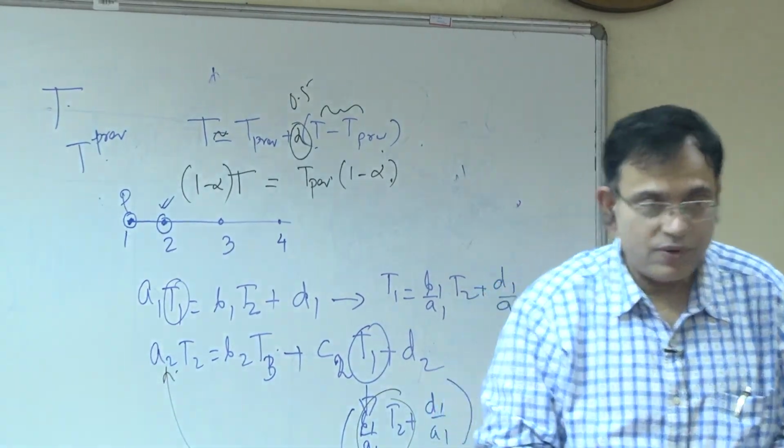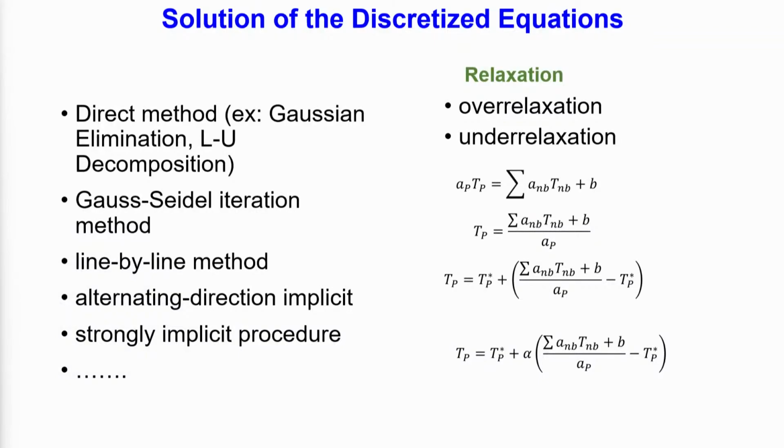So that alpha is called the relaxation factor. That is how your method can be applied with an iterative scheme, and that is what is given here. This is of course the discretized equation, but the concept I have given through a simple equation.